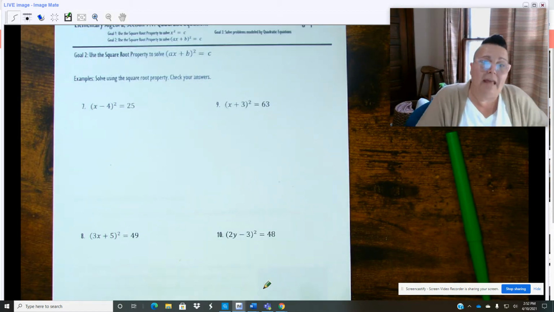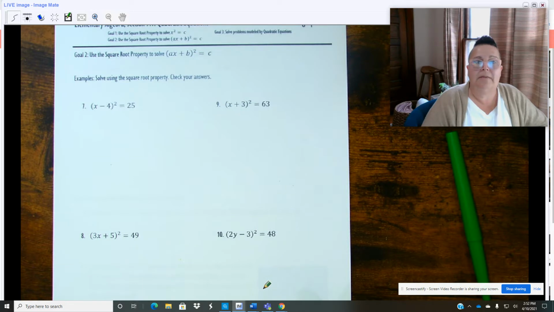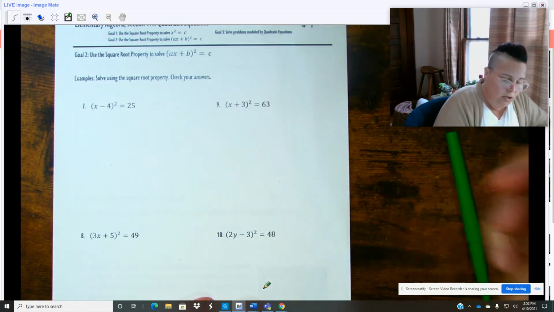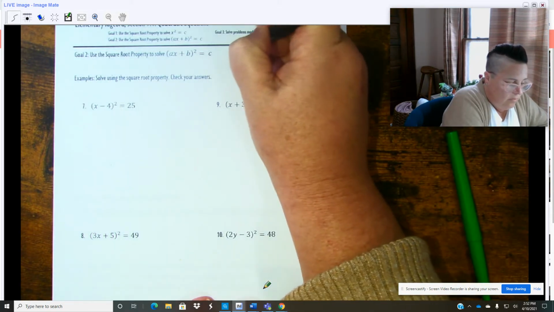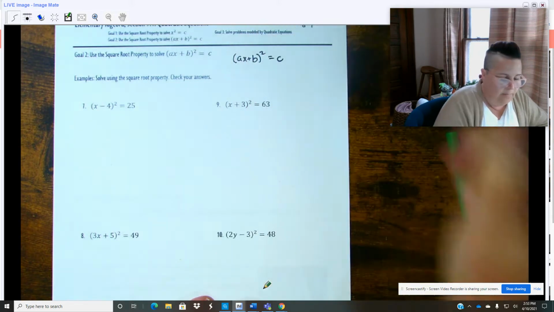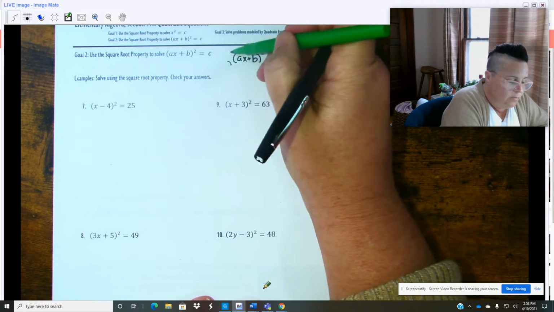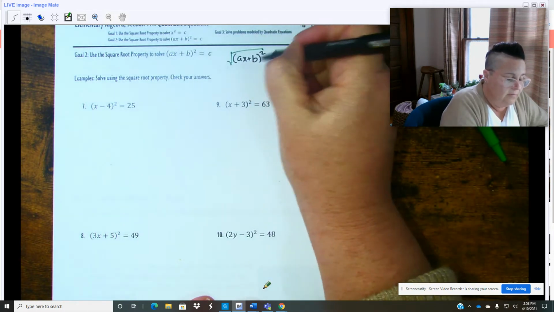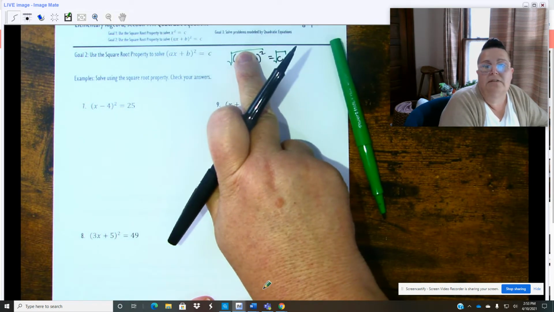All right, so this is just a bit. We need to think about things here. So what happens then when we have this ax plus b squared is equal to c? When we take the square root of both sides, this gives us the square and the square root.